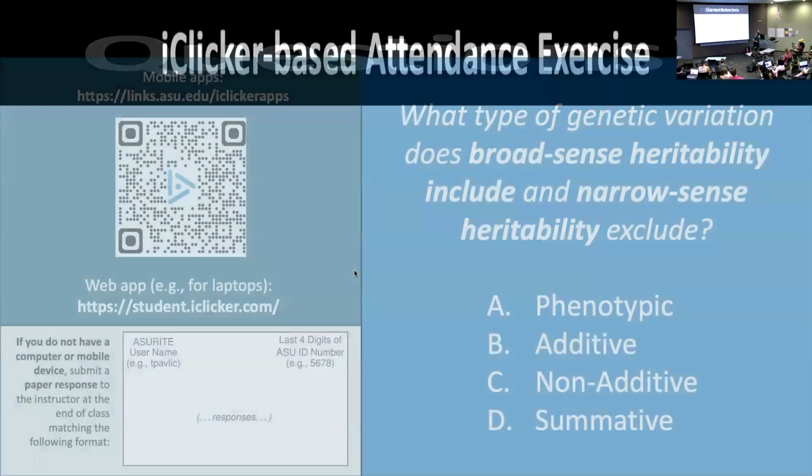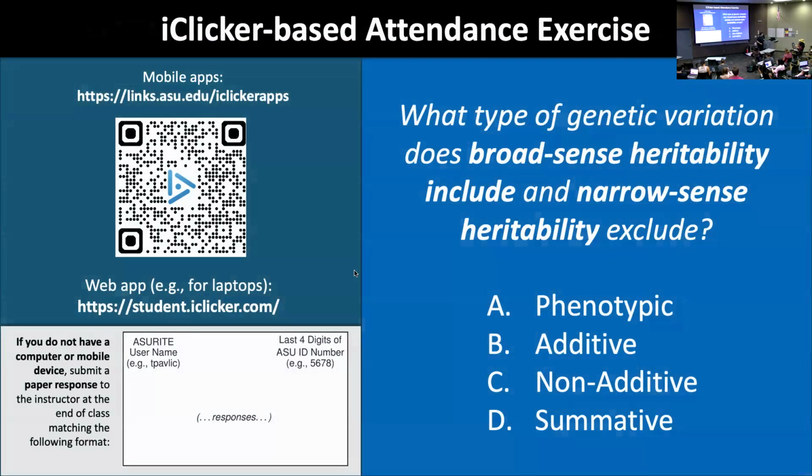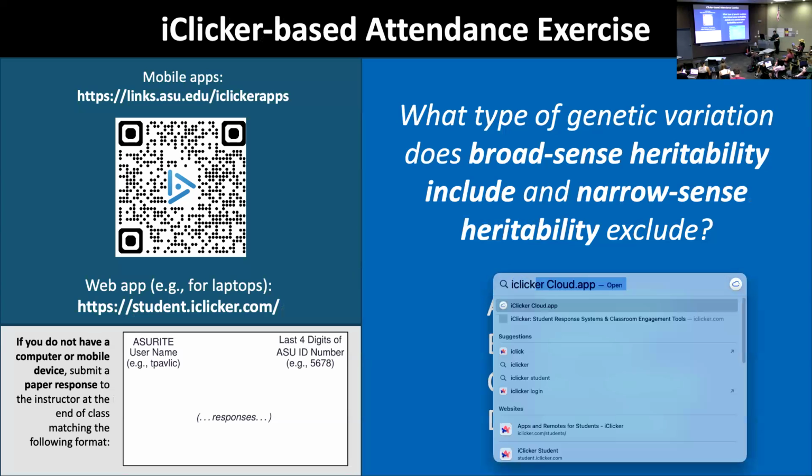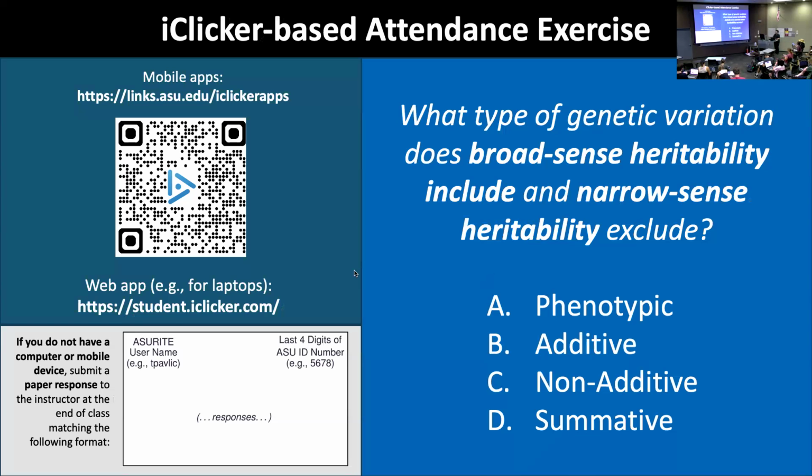All right. So, with that, let's do one of these. If I can find my mouse. There it is.